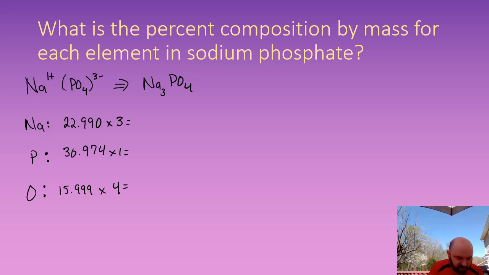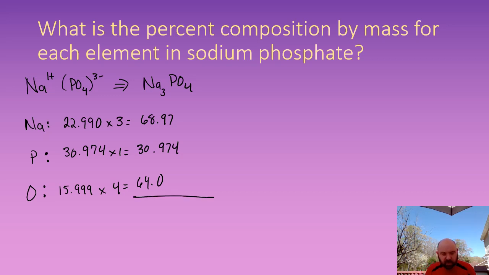We can see as we calculate those out that sodium has a total mass of 68.97 atomic mass units in our formula unit. Phosphorus will have the 30.974 atomic mass units in our compound, and oxygen, all 4 of the oxygens, will have a total of 64 atomic mass units in our compound total.